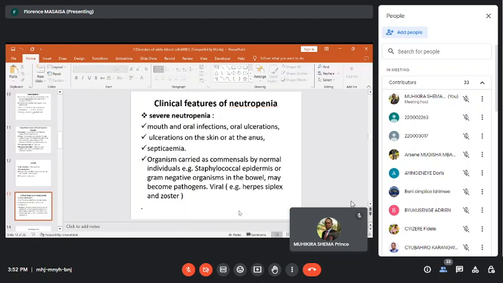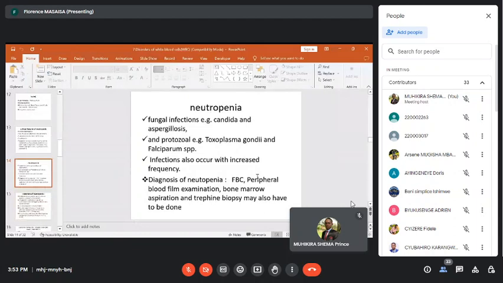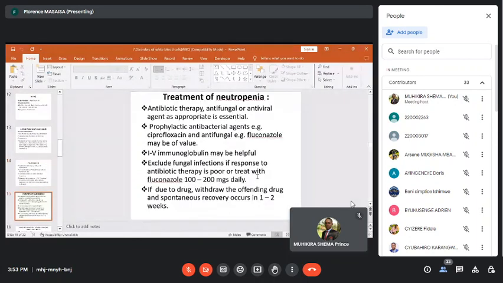Infection can be localized in part of the body, so mouth, skin. They may have septicemia with different germs, even from viruses, like herpes zoster. They may have a fungal infection. They may have a parasite. So any kind of infection can be considered.